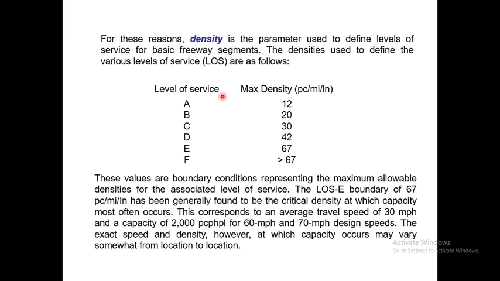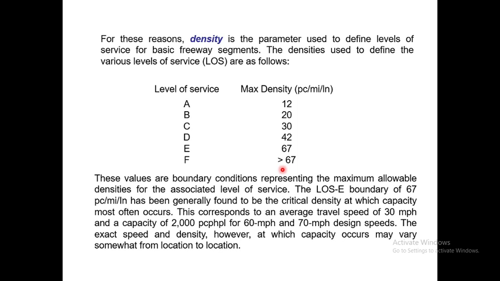So maximum density for level of service A is 12. It means that the density between 0 to 12 we consider as level of service A. Between 12 and 20 we consider as level of service B. Between 20 to 30 we consider as level of service C, and so on.